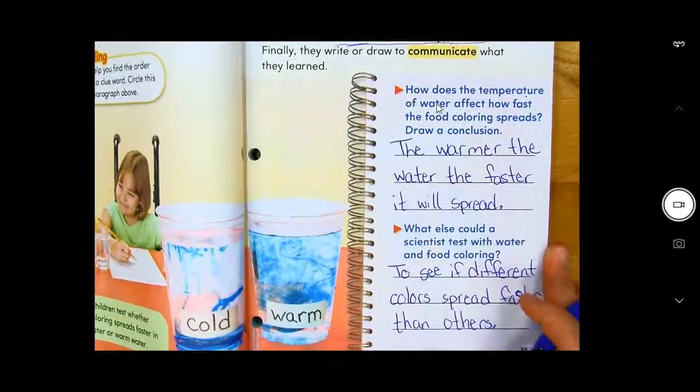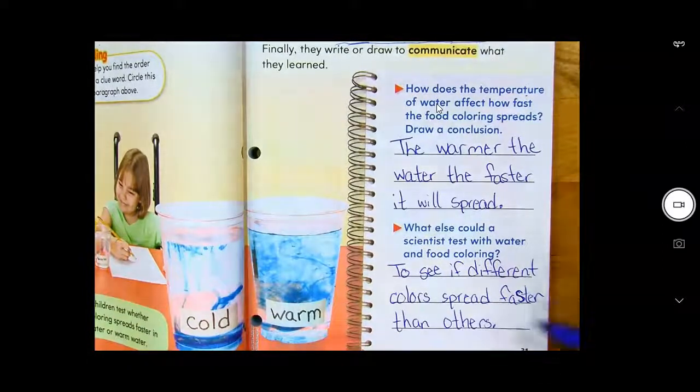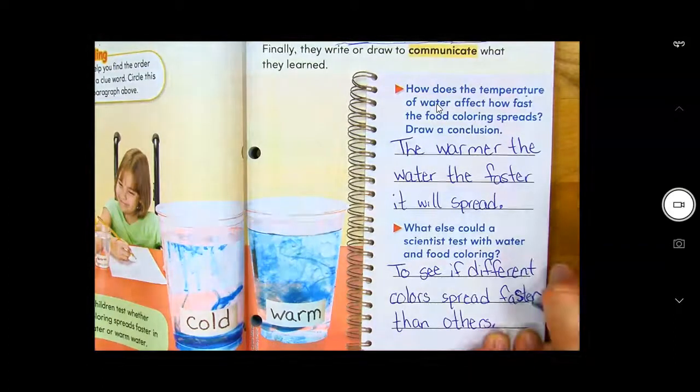Okay, that's another thing you can test. Sorry about my crazy S and my crazy looking R. That's an R.